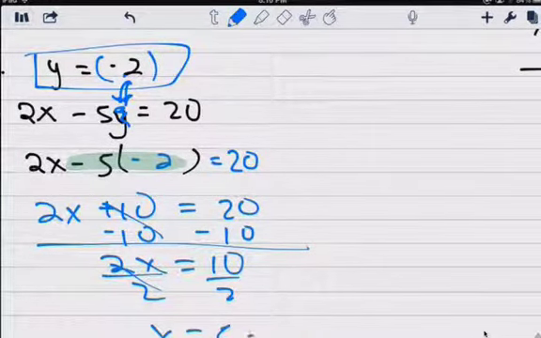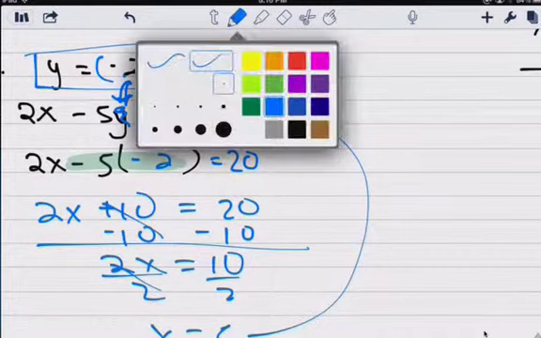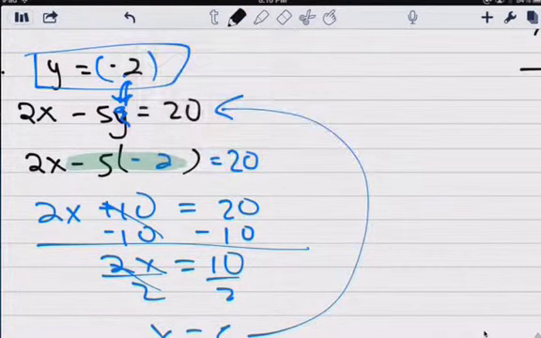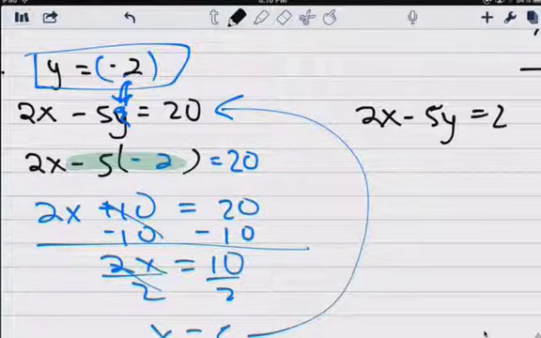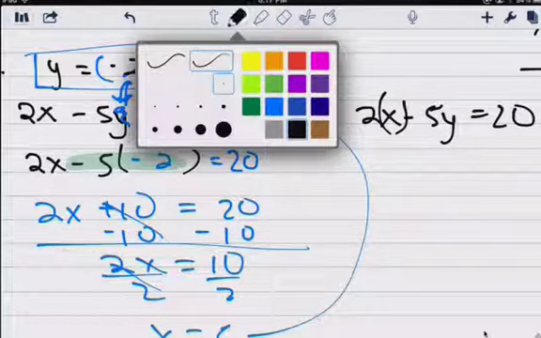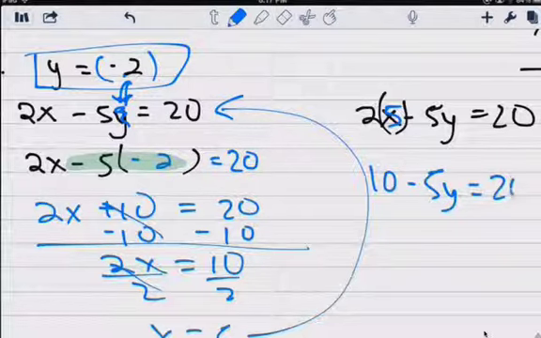If you're confused, let's use this one then. If you're confused on what I'm explaining, use the other equation, 2x minus 5y equals 20. So put 5 here. 10 minus 5y equals 20.